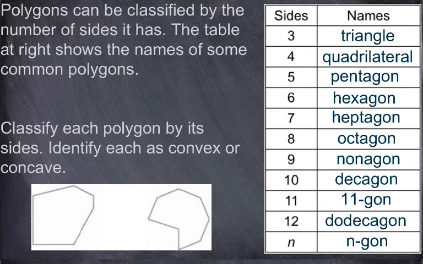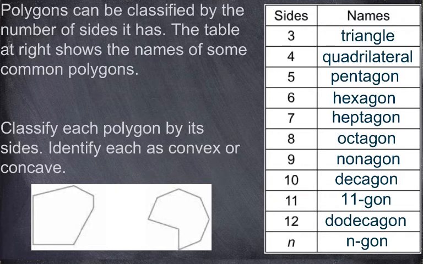So that doesn't mean any number past 12 is called an n-gon. That means if we were talking about 13, we'd say 13-gon. A 14-sided polygon would be a 14-gon, and so on and so forth. So whatever n is, it's that number plus the little 3-letter phrase gon. So again, a 20-sided is a 20-gon.